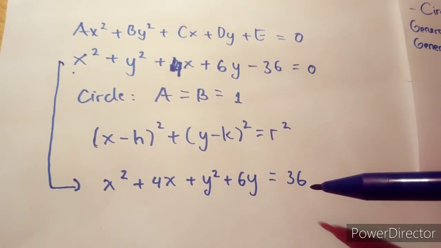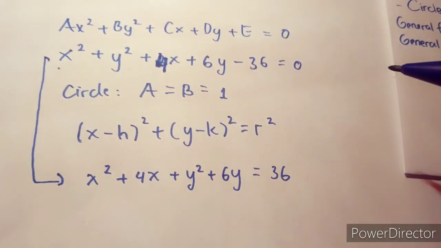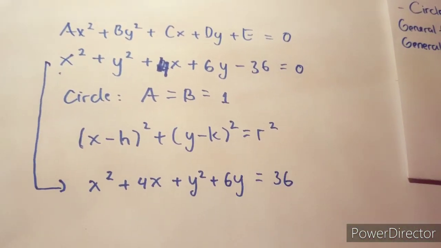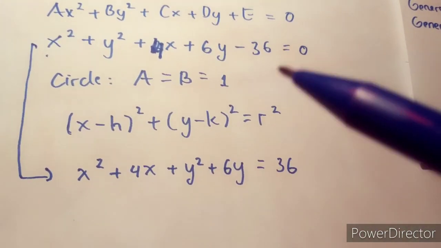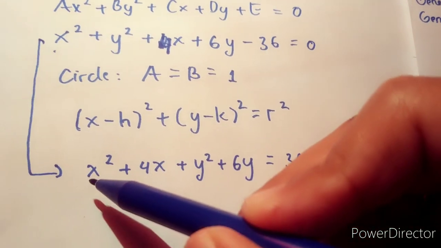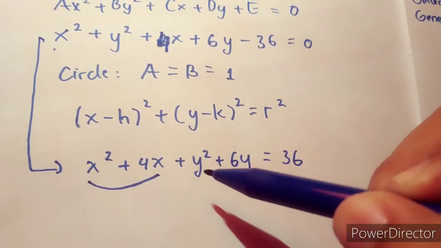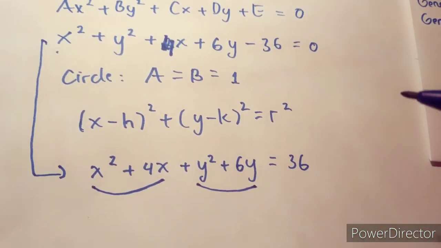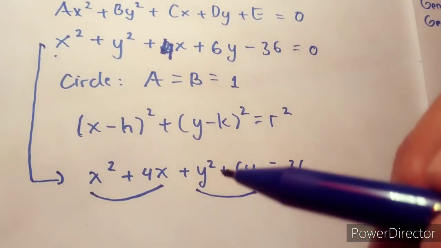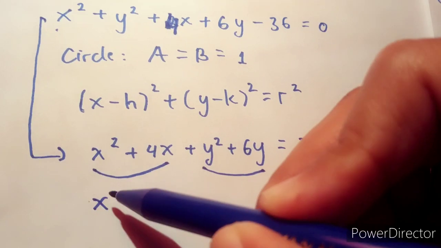I hope this is clear. I add 36 to both sides and I switch the sides, using the commutativity property or axiom for addition. Then I will make this one and this one into a perfect square so it comes into this form. So let's do that.